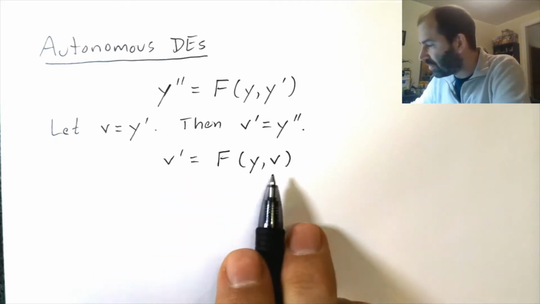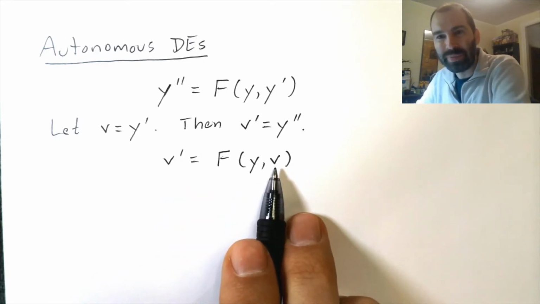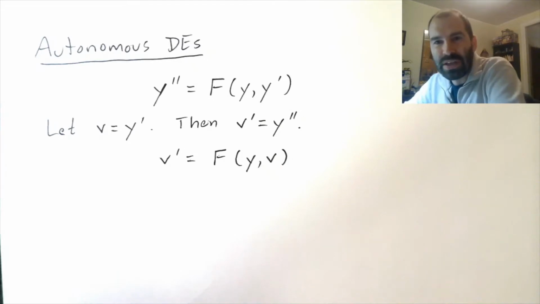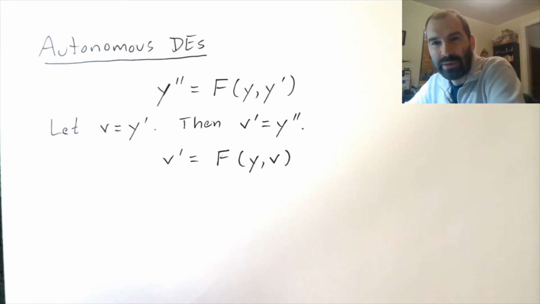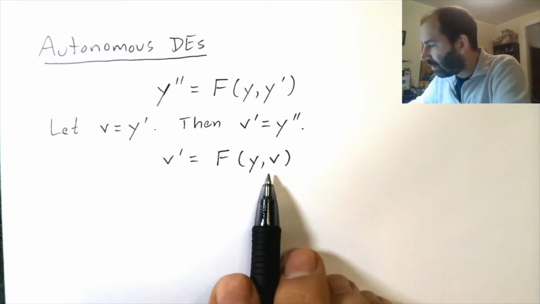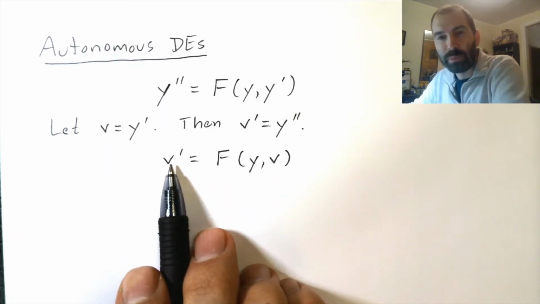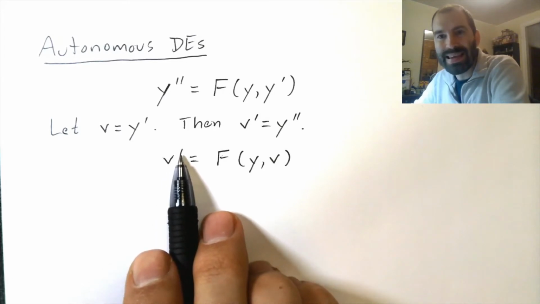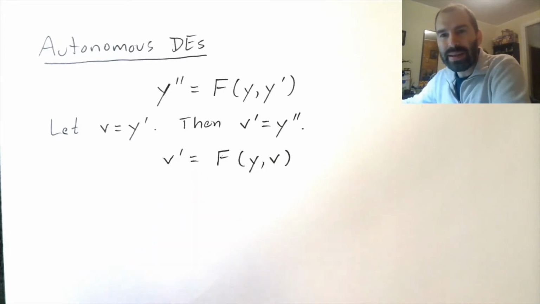Problem is I've introduced this new function v that we have to deal with. And what we're going to do is think of v as a function of y. Okay? So if I think of v as a function of y, then how do I relate that to v prime? Well, this is the derivative with respect to t, right? So how do I get those both into the works? Well, it comes from the chain rule.